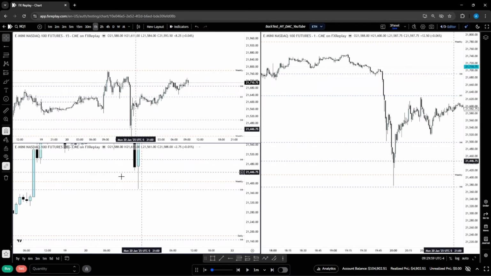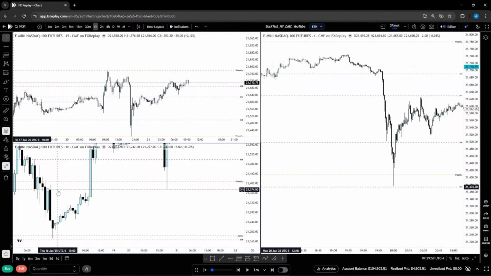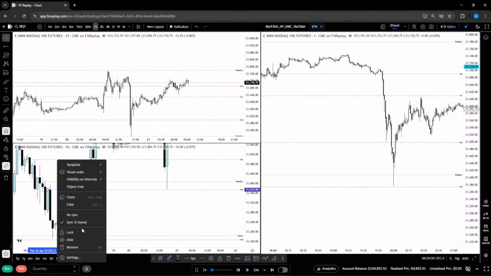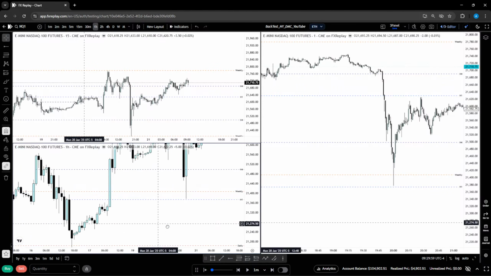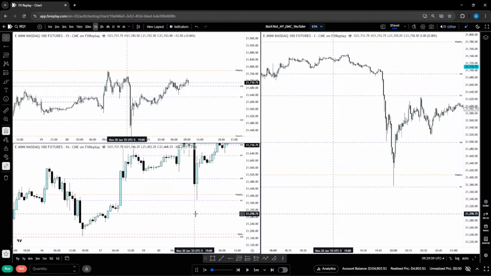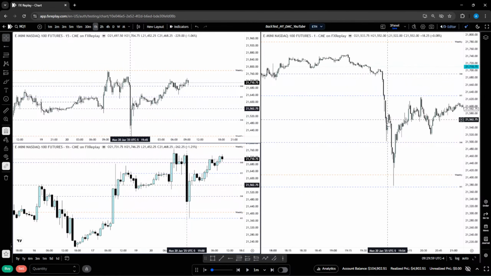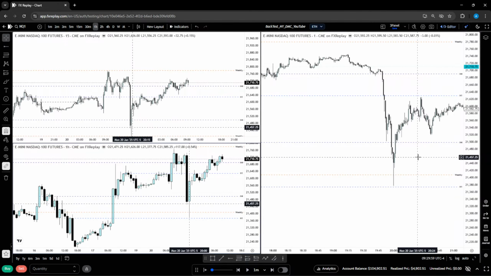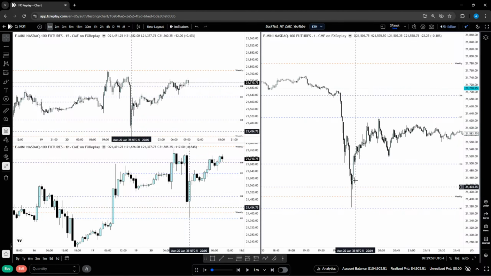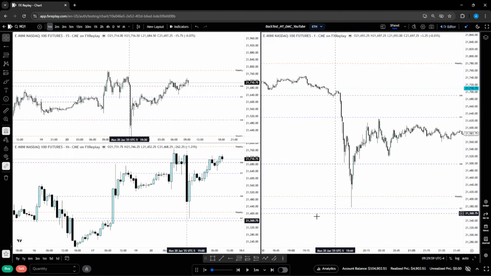This was an hourly level, not a 4-hour level. So test at this level.